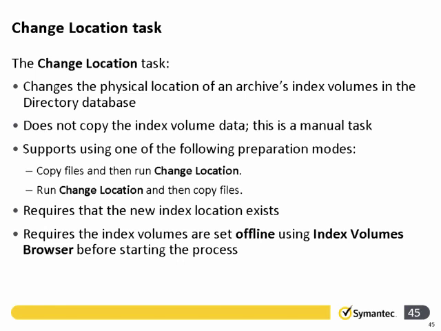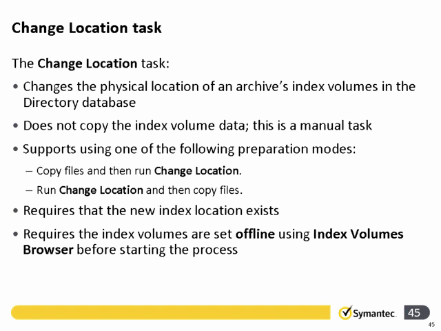Next is the change location task. Periodically, you may need to change the physical location associated with the archive's index volumes in the directory database. Because you're moving it to a new physical location, which is a manual process, the directory database doesn't automatically get notified. So you need to tell the directory database that the index location has changed. You've got two ways of doing it.